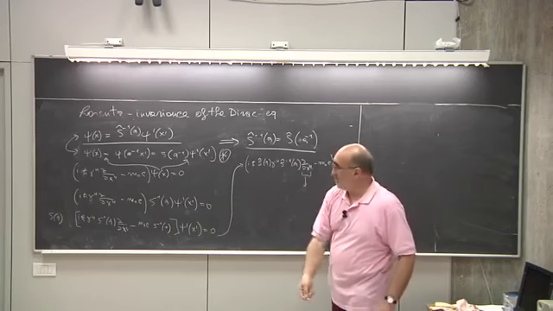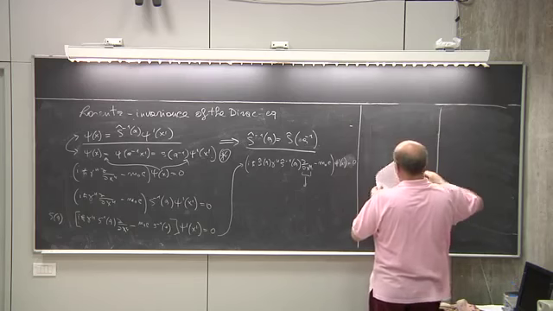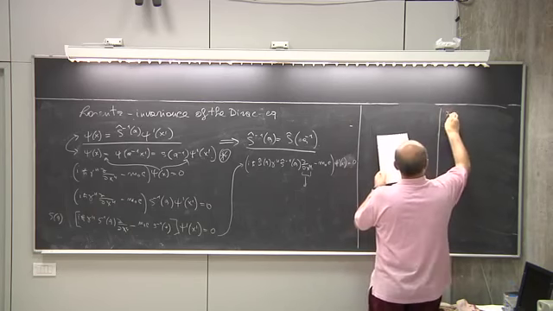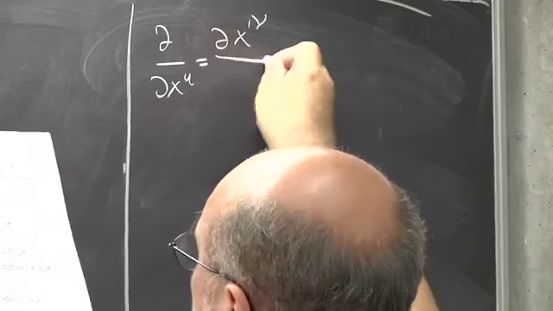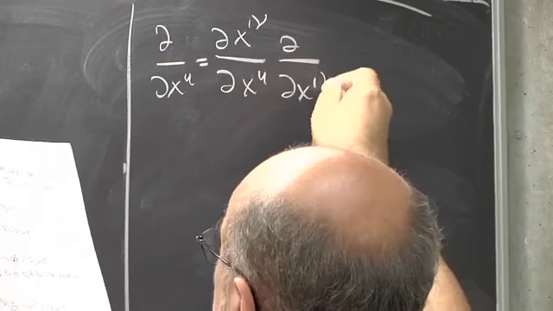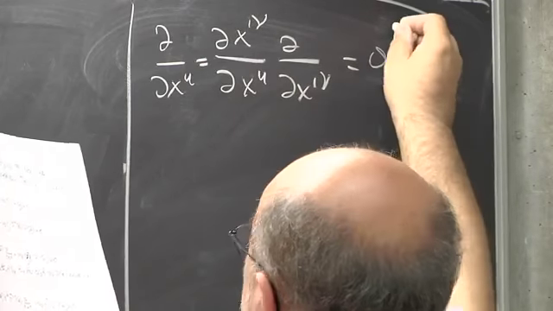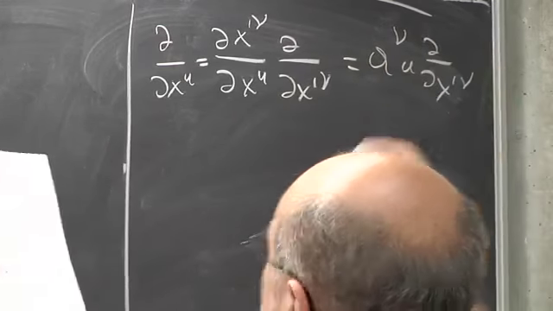I want this derivative to go into a derivative with respect to x prime, but we know that the transformation is d dx mu equals dx prime nu over dx mu, d dx prime nu, and this is equal to a nu mu d dx prime nu.